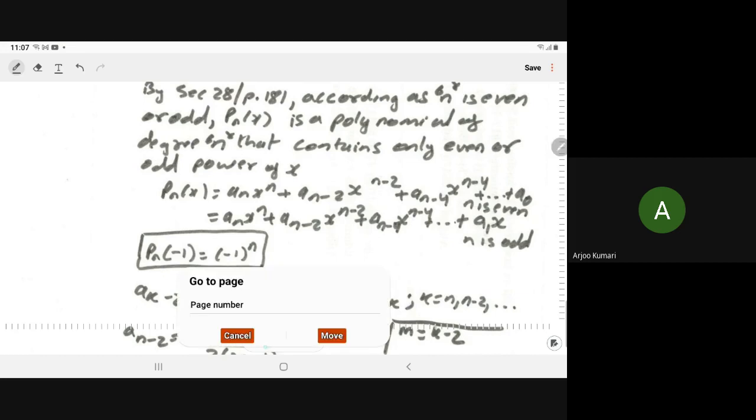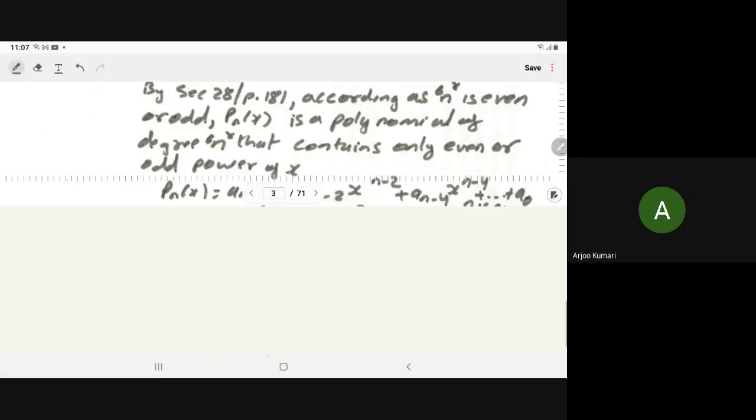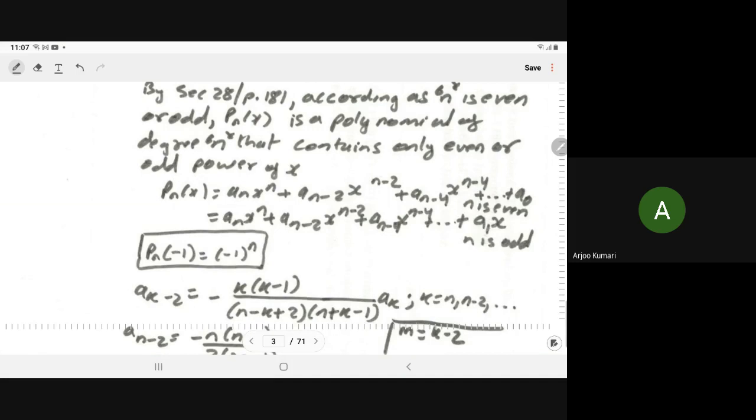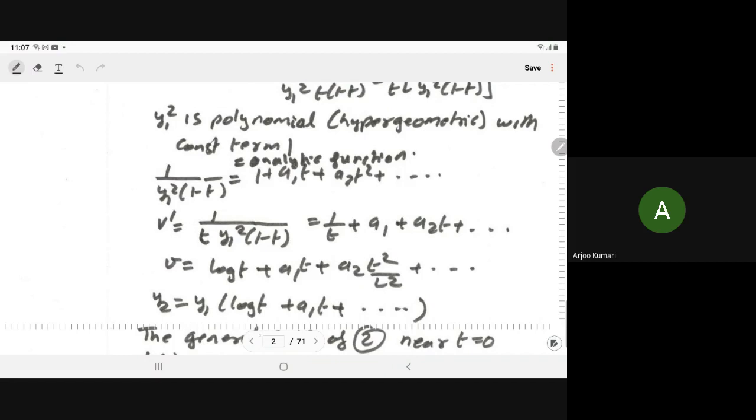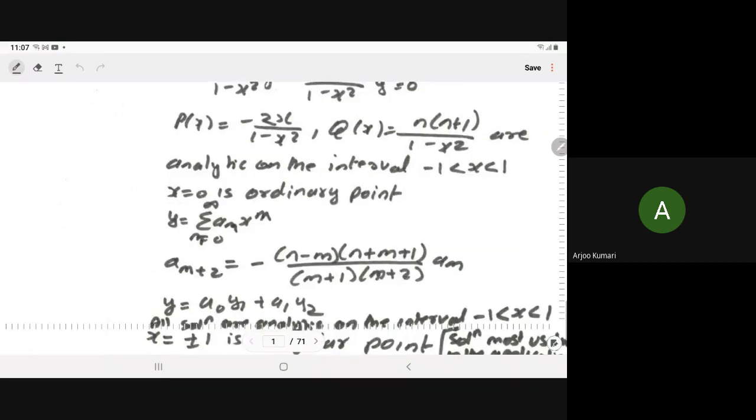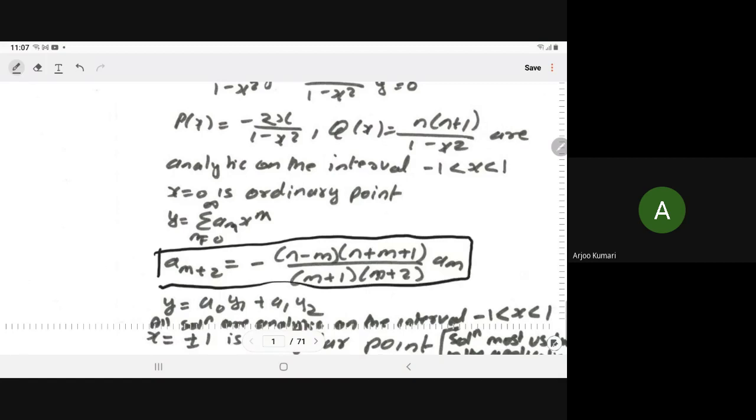That recurrence relation I have shown you here: a(m plus 2) is equal to minus of (n minus m)(n plus m plus 1) am upon (m plus 1)(m plus 2).